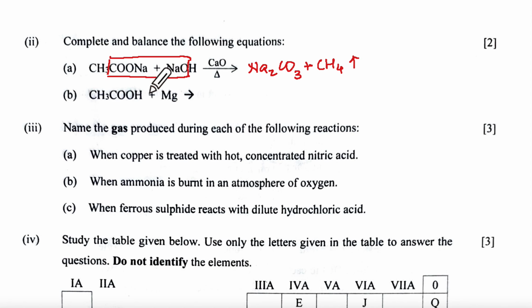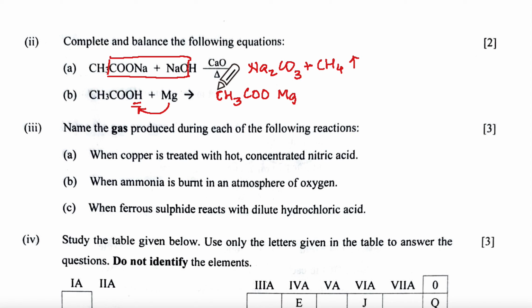For CH3COOH plus Mg, now this is acetic acid and this H will be replaced by Mg. So Mg has valency 2 plus. So it will become CH3COO and Mg is 2 plus.